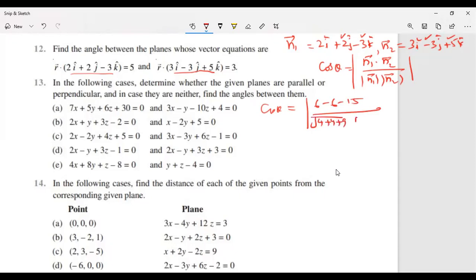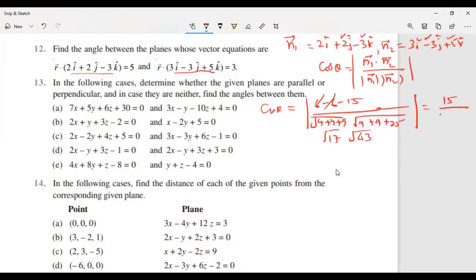Magnitude of this one and magnitude of this one is 3 square 9, 3 square 9, 5 square 25. This cancelled, we get 15, here 15, and in the denominator, when you solve that, this will come under root 17 and this will come under root 43.